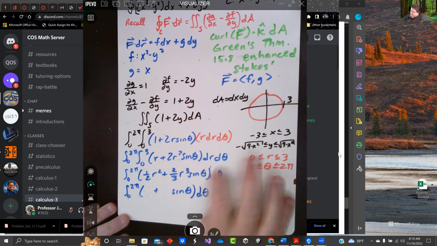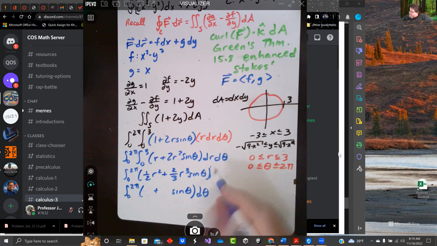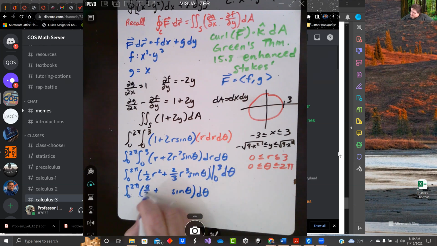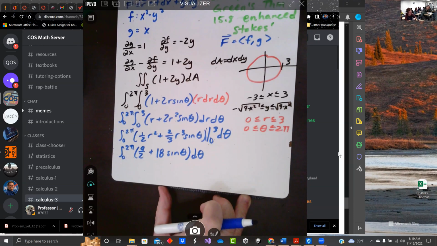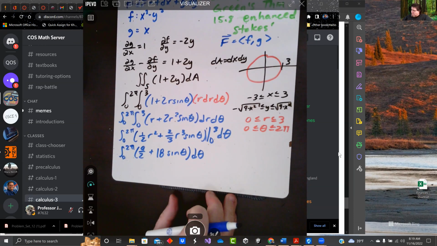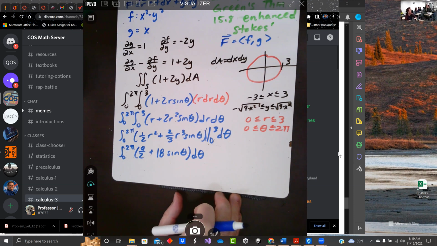That should have been 0 to 3. So 9/2 plus 18 sine theta. That better?